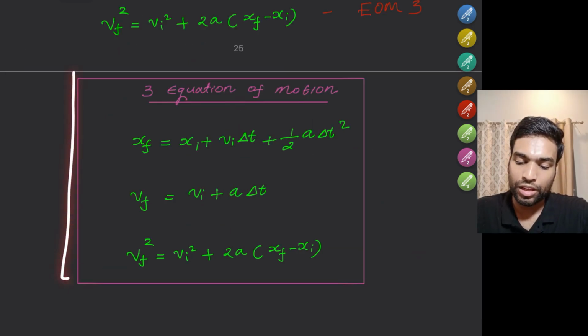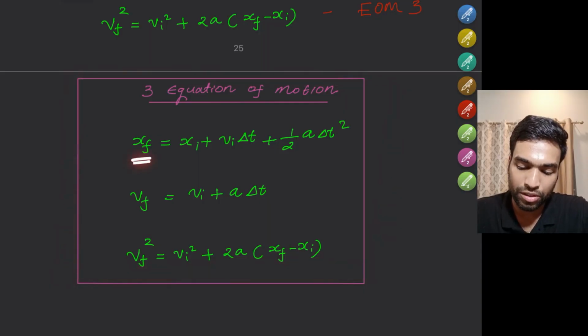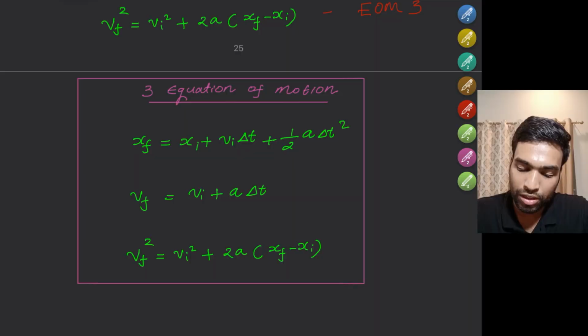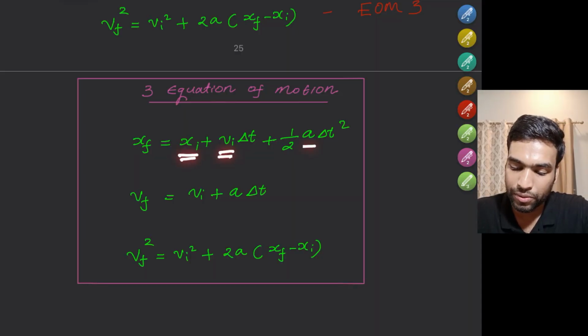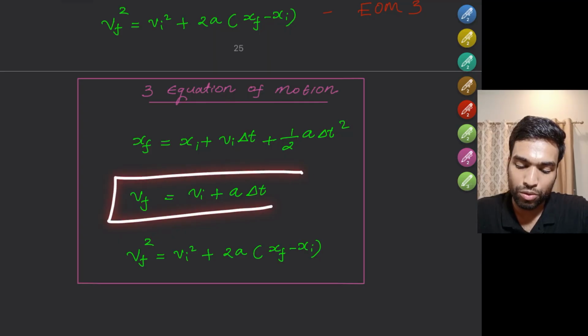Let's put the three equations of motion together. The first equation of motion is xf equal to xi plus Vi delta t plus half into a delta t square. What is the significance? If you know the initial position, the initial velocity, and the acceleration, you can find the position at any time. Now let's talk about the second equation of motion.